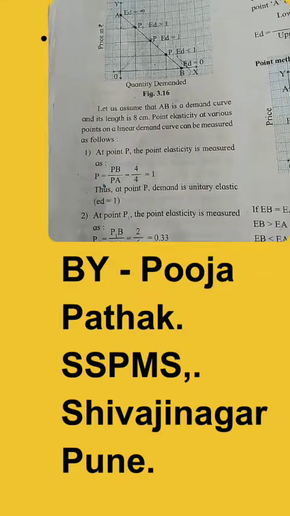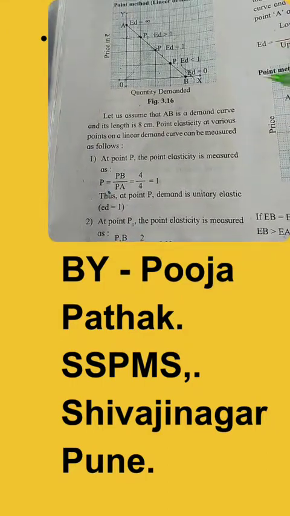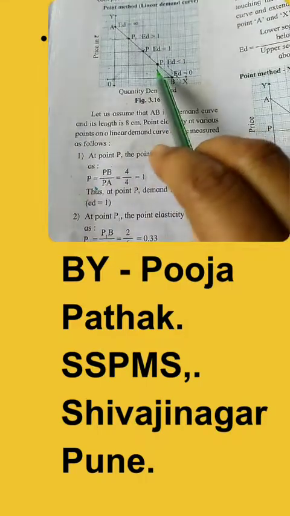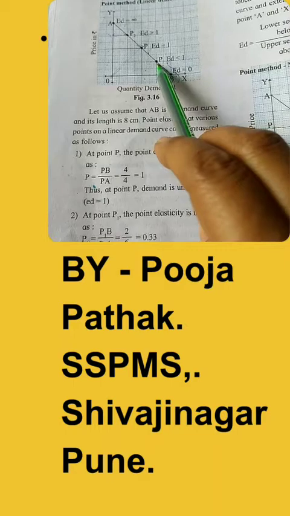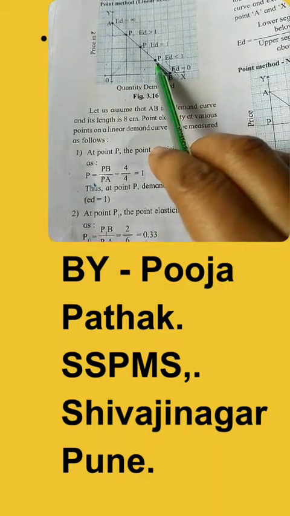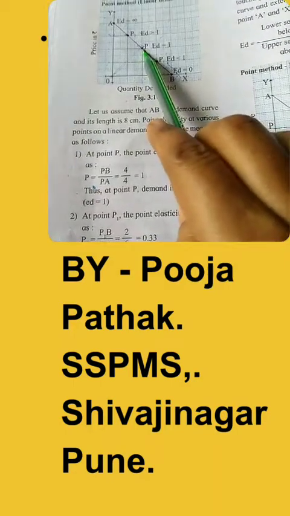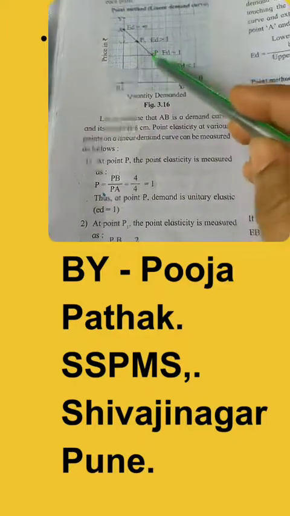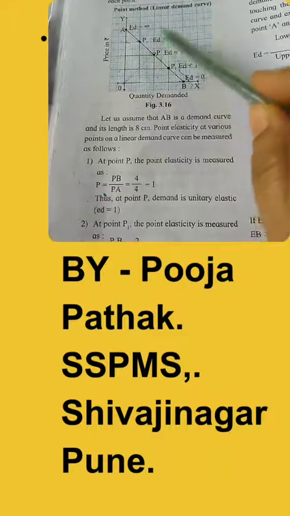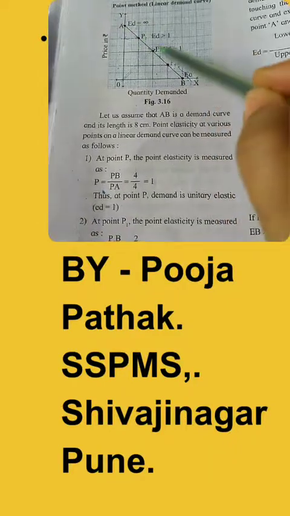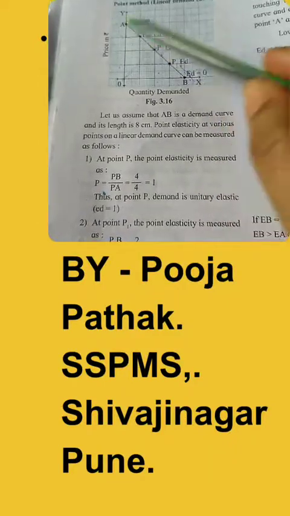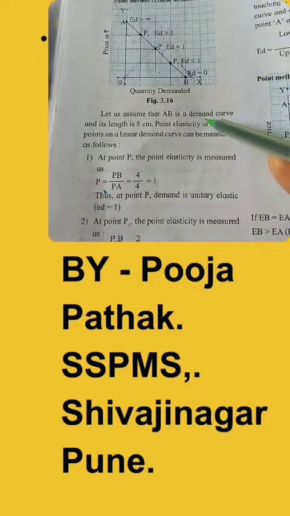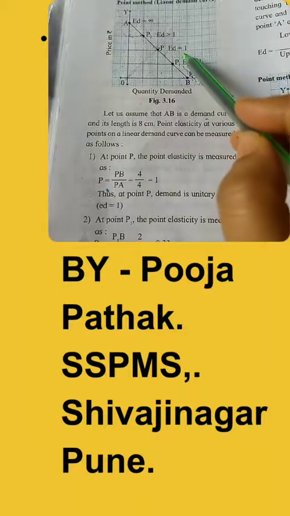The first point, at point P. Sorry, at point P, the elasticity is measured as PB divided by PA. So this is 4 centimeters divided by 4 centimeters, which comes to 1. Thus, at point P, demand is unitary elastic, so ED is equal to 1.